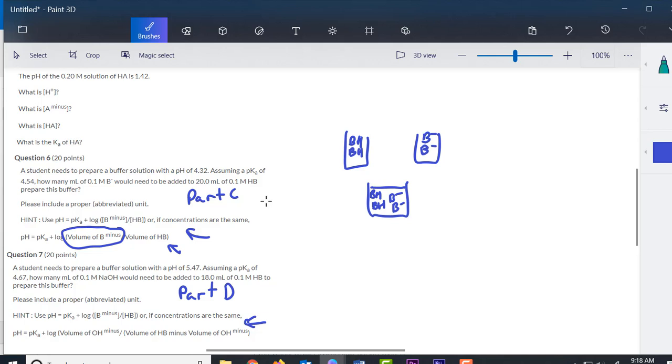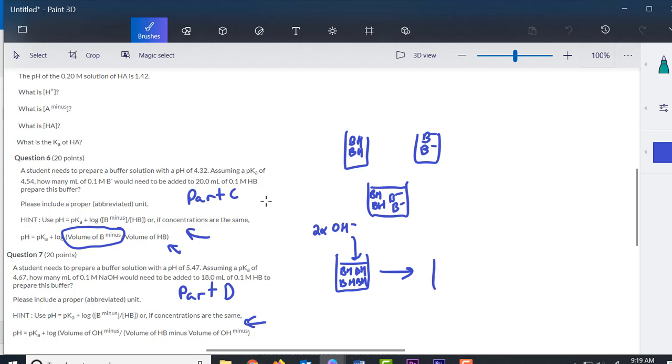Now in the case of part D, it's a bit different. What we're doing is we're taking BH and we're adding in, and I'll put in 4 here. It's just pure BH, that's all we're adding, and I'm going to add in 2 of OH minus to this solution.